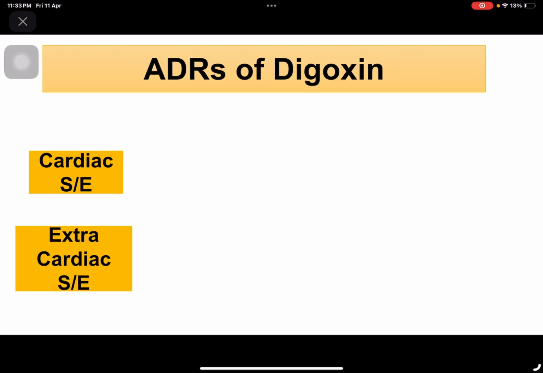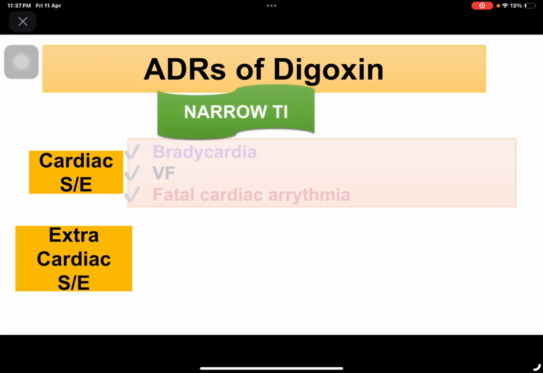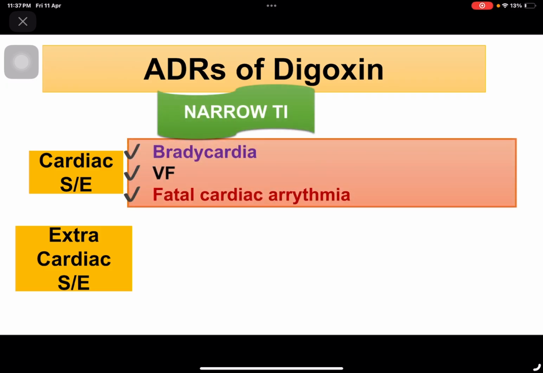Then the adverse effects of digoxin. The cardiac side effects are bradycardia, then ventricular fibrillation, then fatal cardiac arrhythmia.